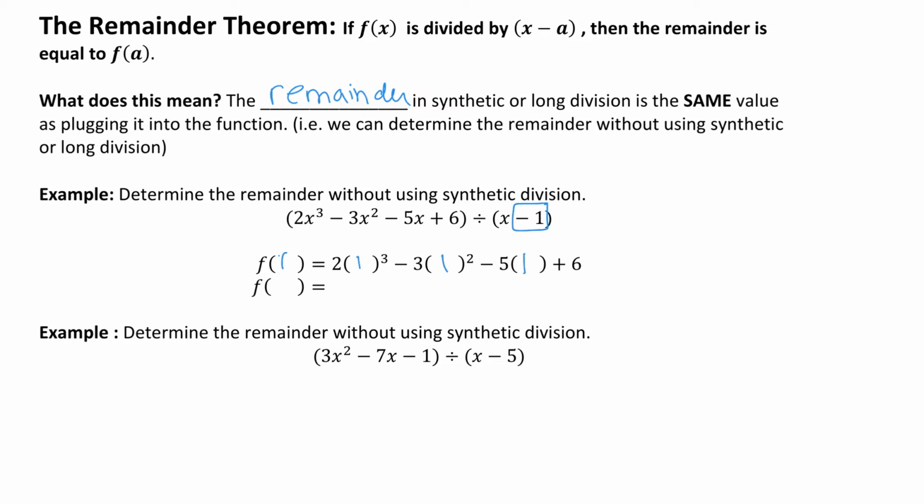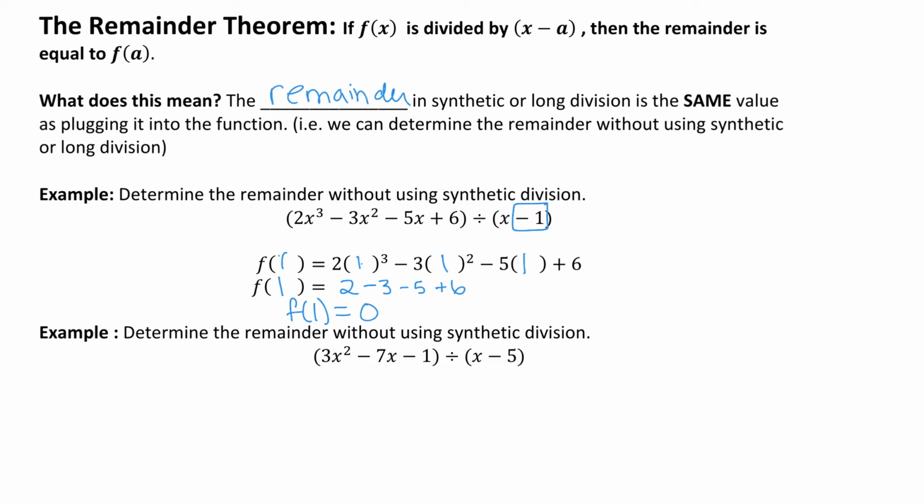So let's figure out what this would be. So f of 1 is equal to 1 to the third is 1. 1 times 2 is 2. 1 squared is 1, so 1 times -3 is -3. -5 times 1 would be -5, and then plus 6. So when I add all of those up, f of 1 is equal to, let's see, that would be 0.